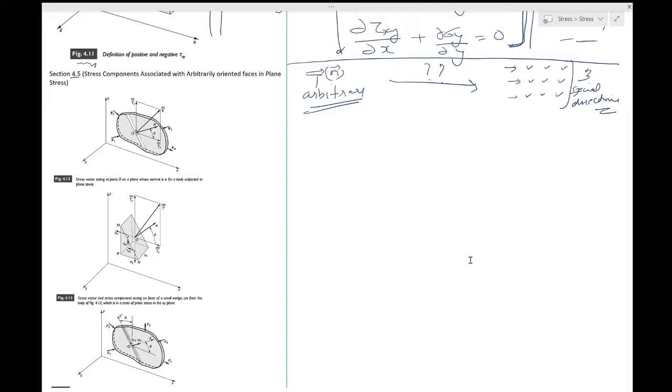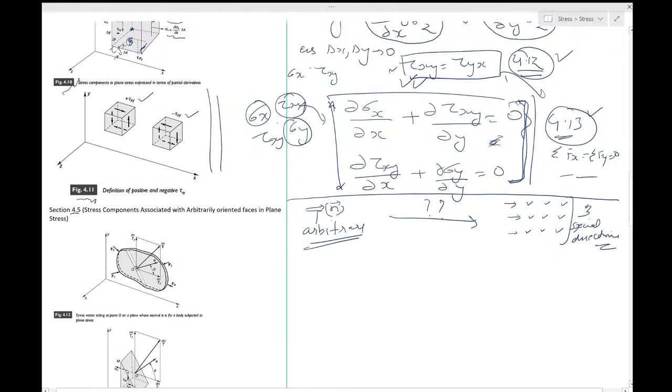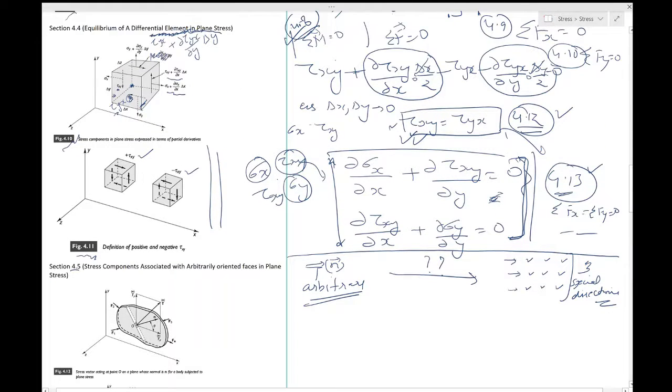So what we say is this. In the previous sections, we have determined the conditions which equilibrium imposes upon the stress components on perpendicular faces at points in a stressed body. Remember, in the previous case, the stress components which we had written for plane stress were actually only about these three specially defined directions, and the n was only one of these three cases.